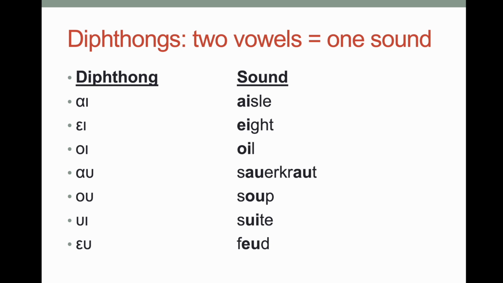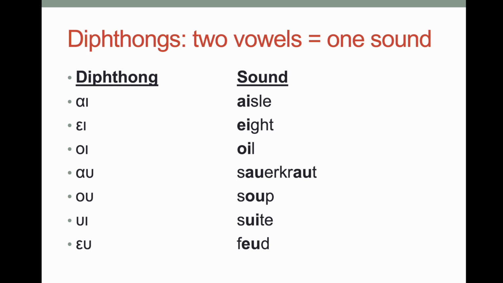I want to talk about diphthongs now. Diphthongs are 2 vowels which come together and make a uniform sound. So when you see in a Greek word the letter combination of alpha iota, it will make an I sound like isle. If you see an epsilon iota, it will make an A sound like eight. If you see an omicron iota, it will make an oi sound like oil.